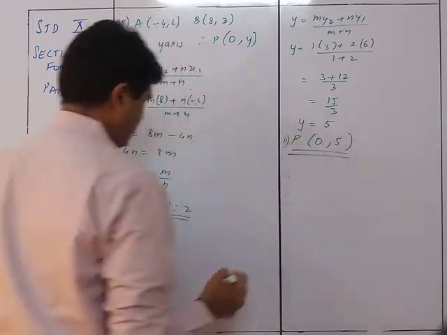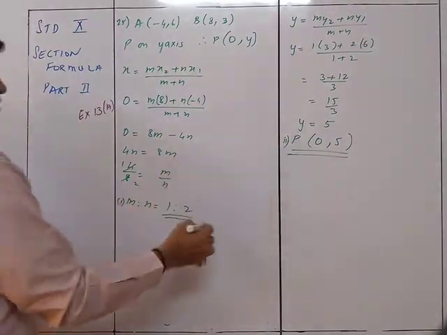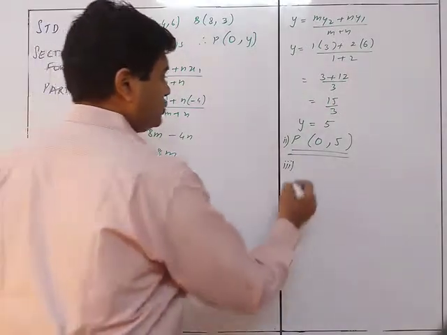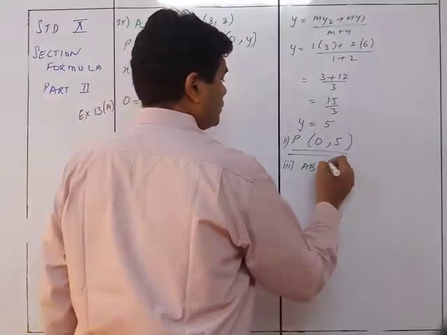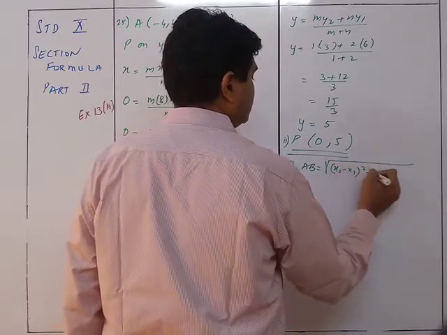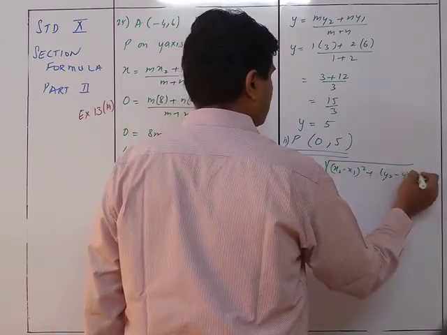That's the second part. For the third part, you need to find out the distance AB. So AB equals the square root of (x2 minus x1) the whole square plus (y2 minus y1) the whole square.